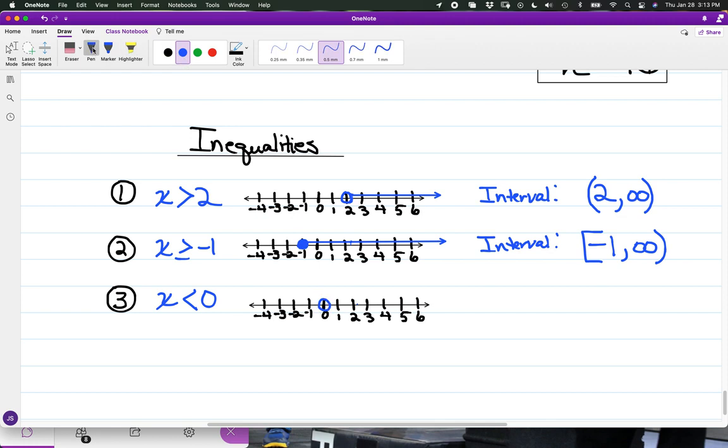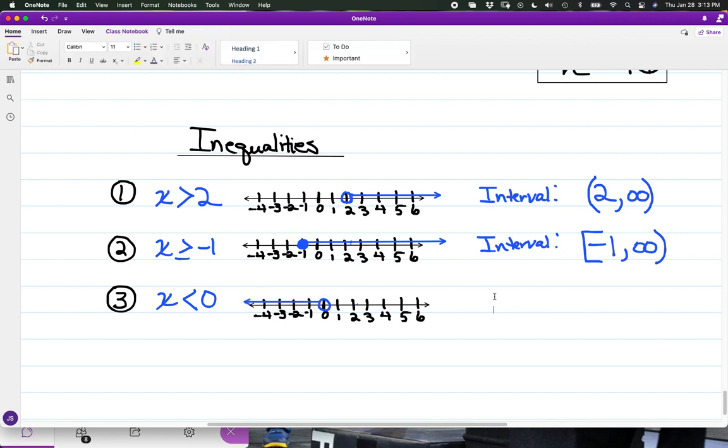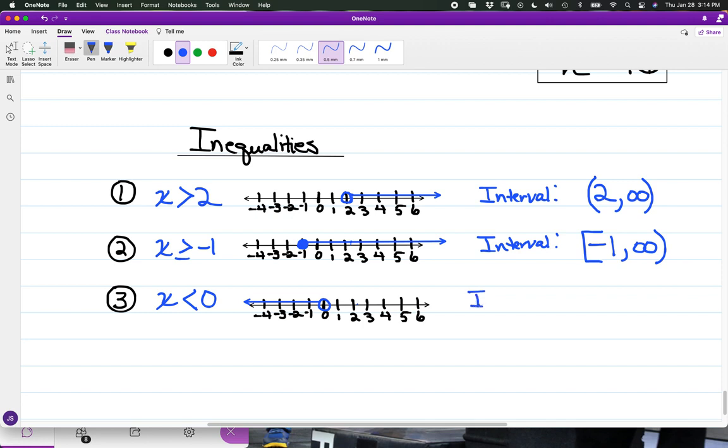And for less than, we're going to have a ray that goes out to the left. Now for the interval notation on this one, if we read in order from left to right, your leftmost is continuously decreasing, approaching negative infinity, and then the upper limit is approaching but not including 0. So the 0 remains in the parenthesis.